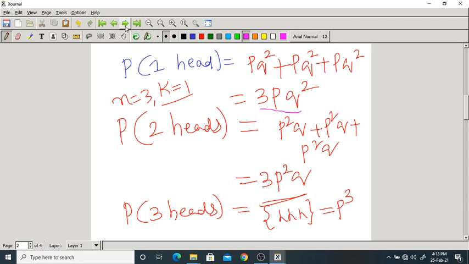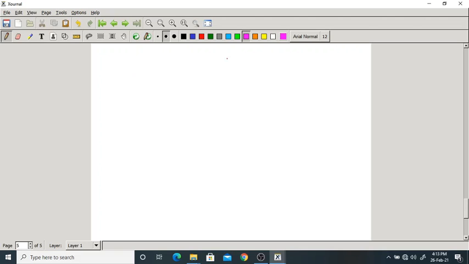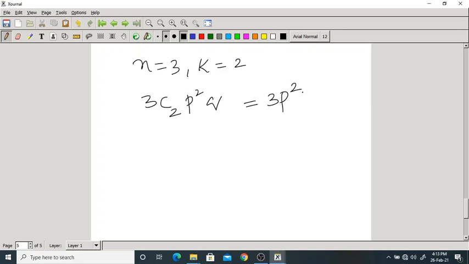In the same way, getting 2 heads means what would happen here? n equal to 3, k equal to 2, which means 3C2 p square q. That means 3 into p square into q.